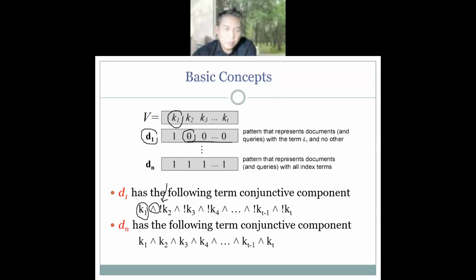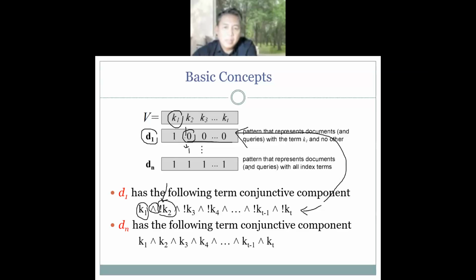Since this is 0, we use the complement and this one will become 1. It's still the same, because if the value for K2 is 0, this one will become 1. So this is the expression that we use to represent document 1.